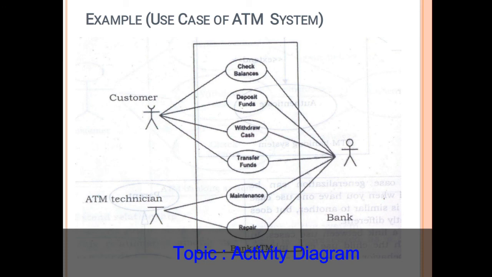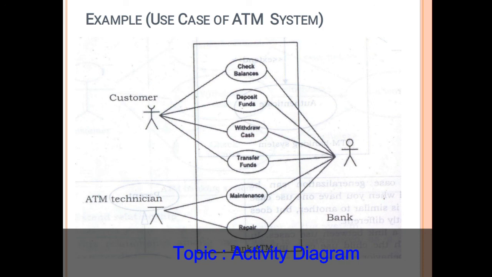The customer can check balance, deposit funds, withdraw cash, and transfer funds, but the ATM technician can maintain the whole system and repair the system, and all this is covered by the bank system. So this is the best example of a use case diagram for the ATM bank system.